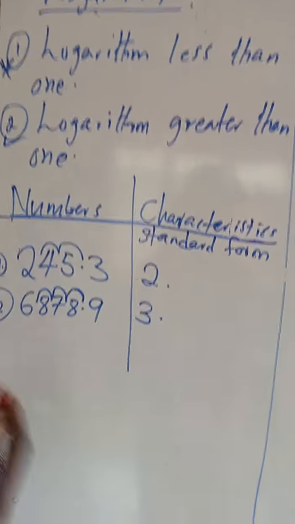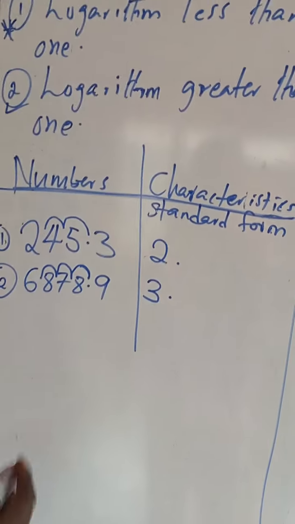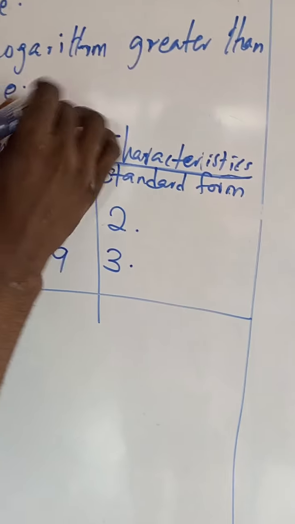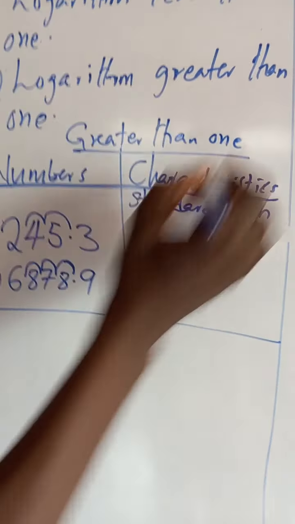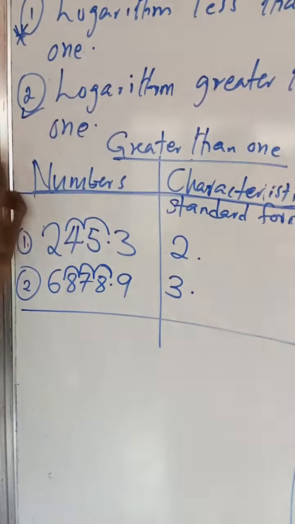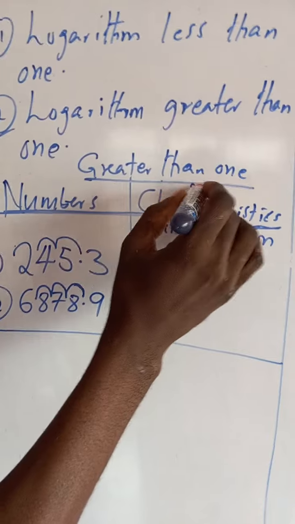But the ones that are less than 1 have a negative characteristic.